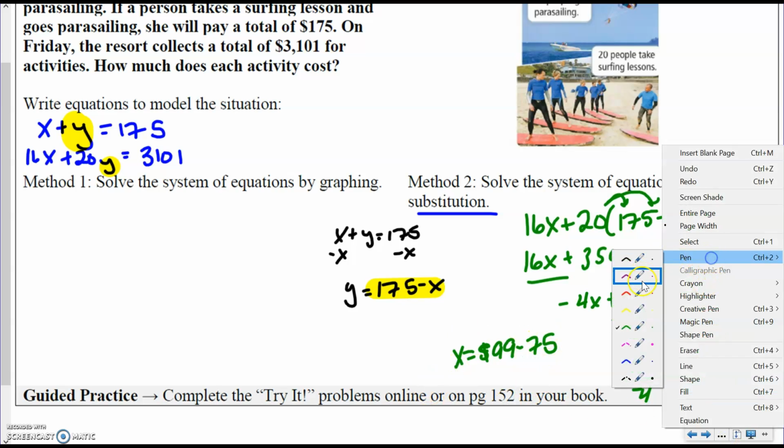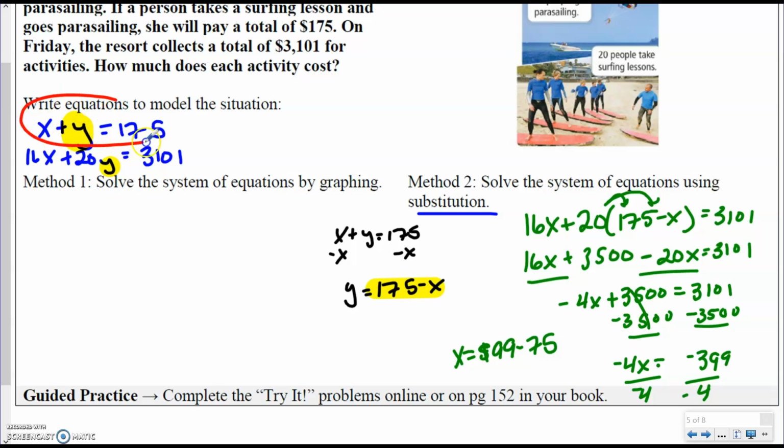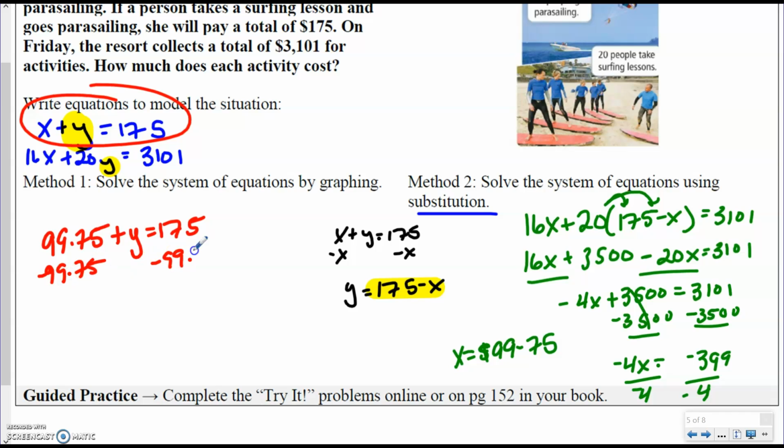I'm going to take this and plug it back in up here. So if she paid $99.75 to go parasailing, if I subtract that from 175, we find out that surfing lessons are $75.25.